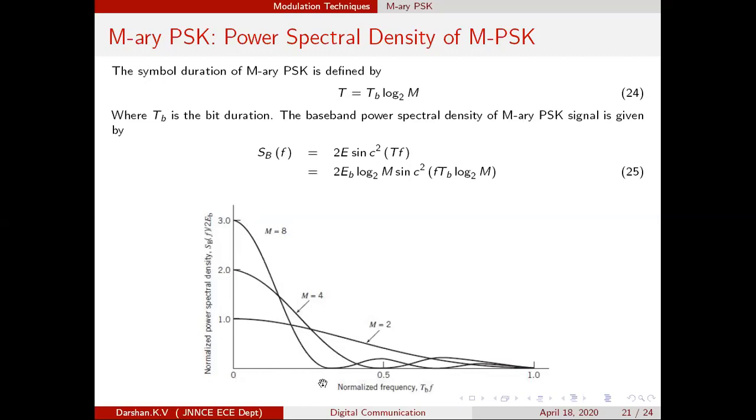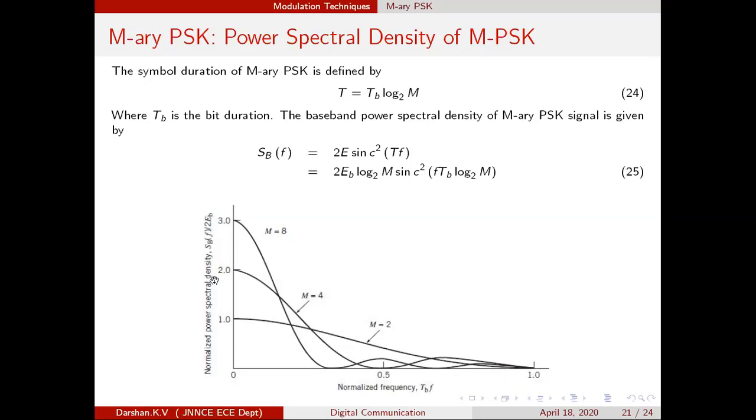You can extract the bandwidth also from this particular curve. If you are generating 8-ary PSK, just observe where the first null is, where exactly it first goes to 0. Then for M equal to 4, where exactly it first goes to 0.